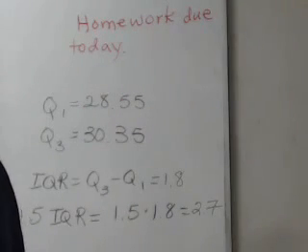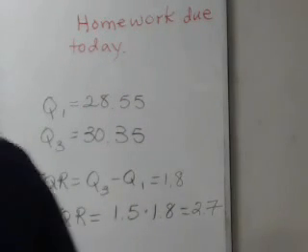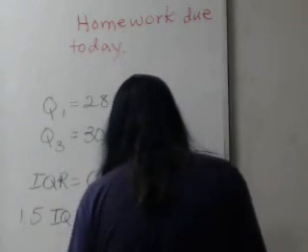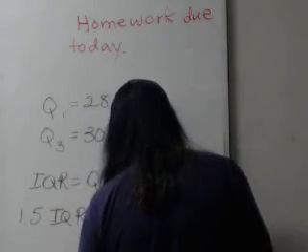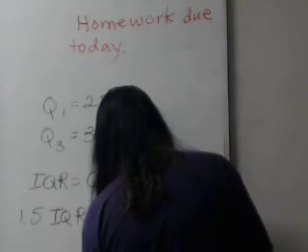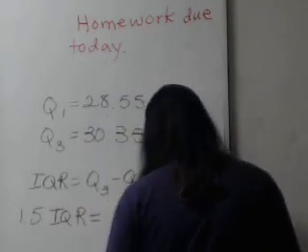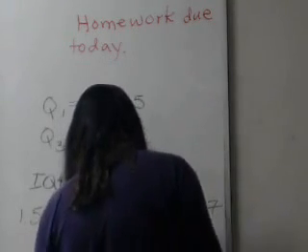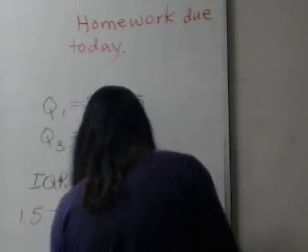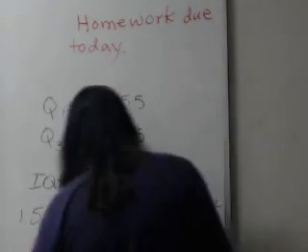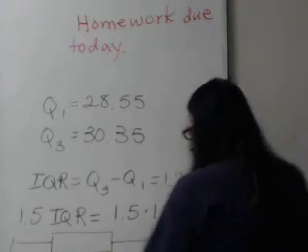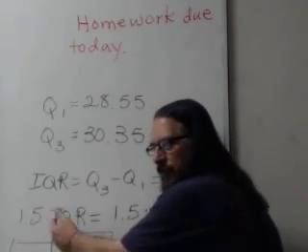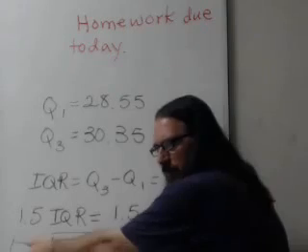We've got a mean more than the median here, so it's probably going to be skewed right. We're going to have something like this. But in any case, by multiplying by 1.5, we're going even further apart than the middle 50% are.